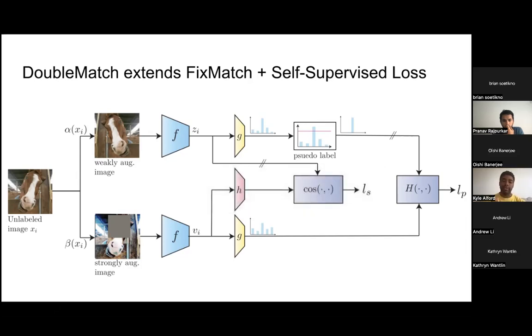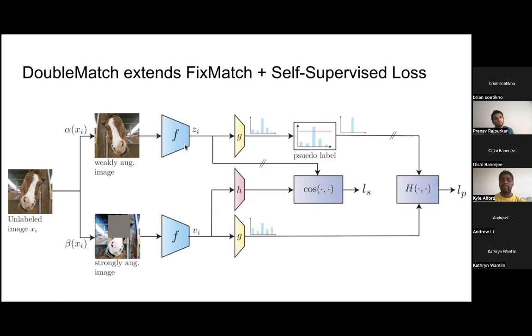And so what they're adding here is taking that strongly augmented image, taking those representations, and also I'll define these terms right here. F is just the neural network leaving out the projection head, and then these G's are the linear projection heads.